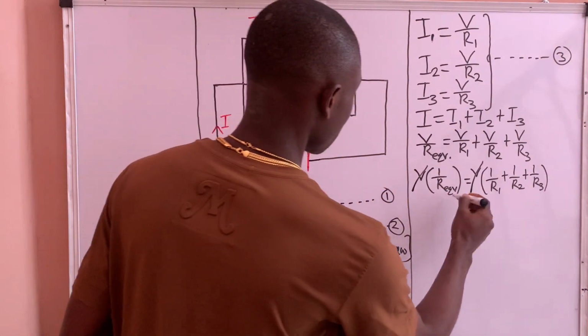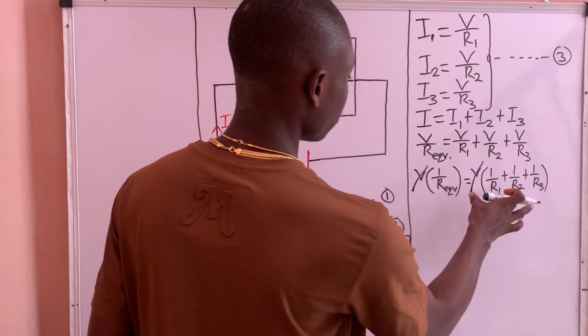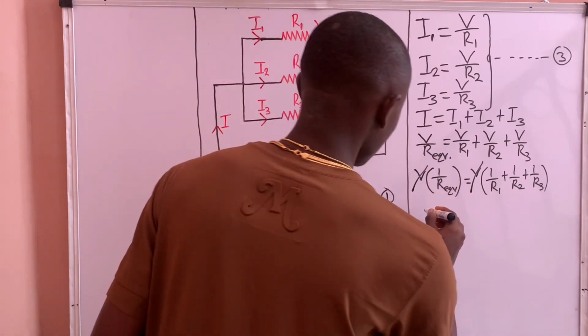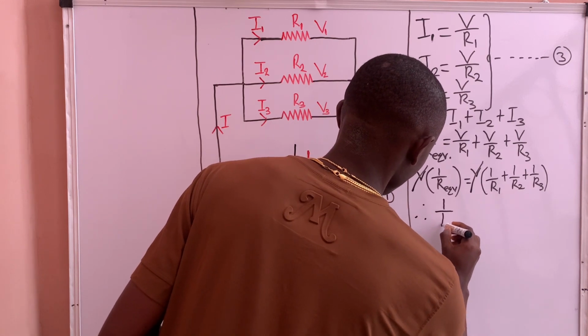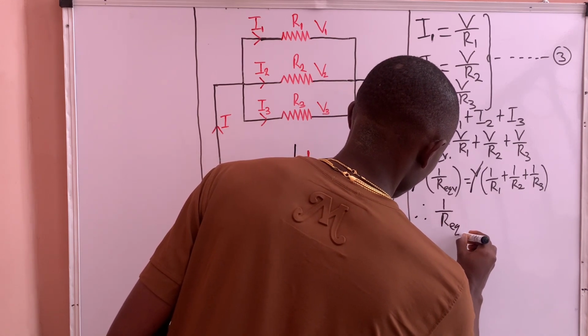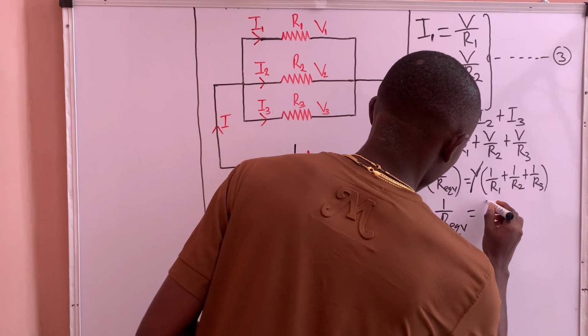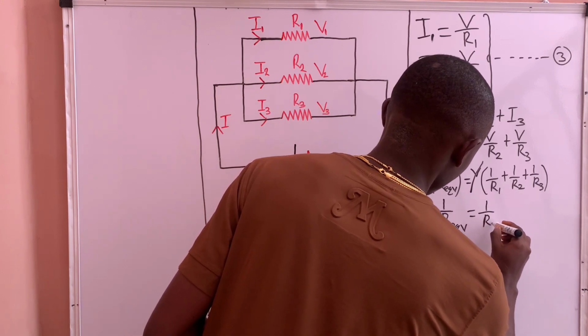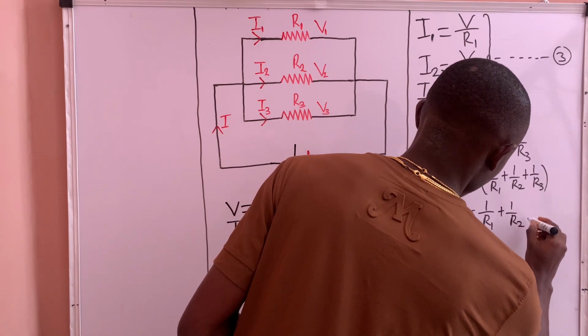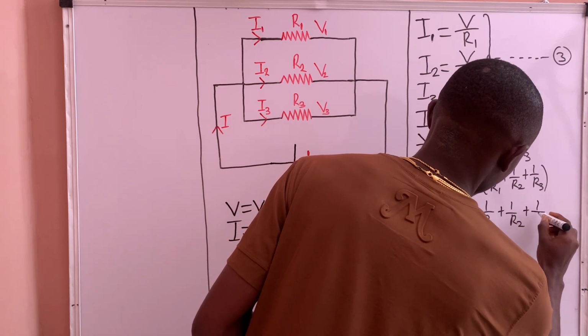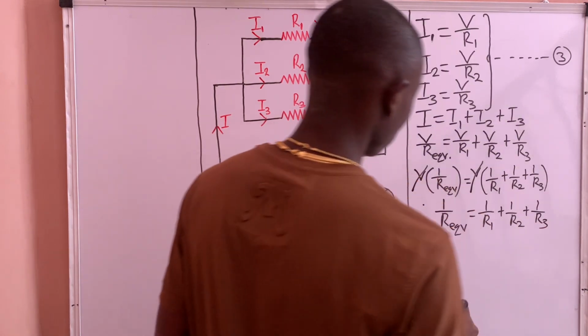So the answer will be 1 all over R equivalent equals 1 all over R1 plus 1 all over R2 plus 1 all over R3.